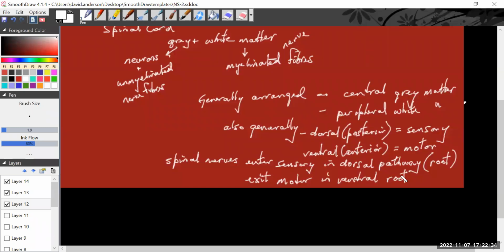So spinal nerves are going to come and go from the spinal cord. If they enter the spinal cord on the backside, then they match up with what we said. They're going to be sensory. When they exit through the ventral root at the front, they're going to be motor.